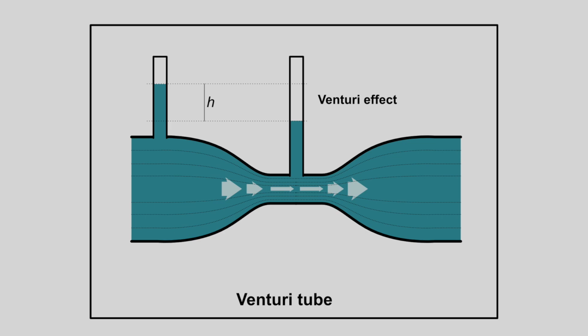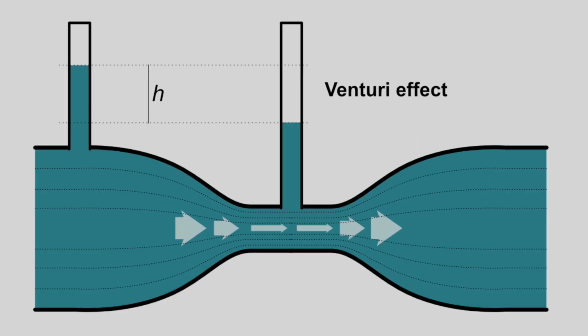The next generation of skimmer is called the Venturi skimmer. This type of skimmer uses the physical law of the Venturi effect. When the liquid is forced through a smaller diameter tube, the flow rate increases, but the pressure drops.